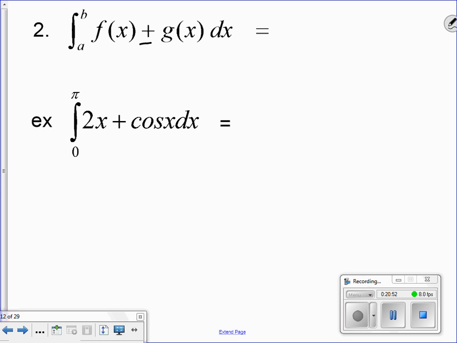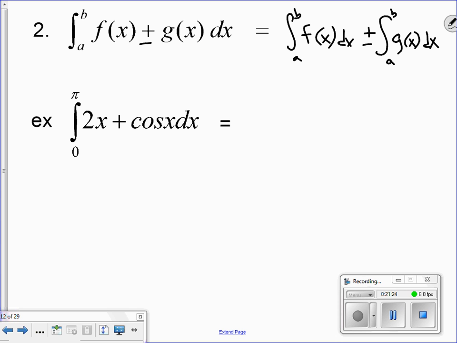So what you're allowed to do is take the definite integral of f of x with respect to x from a to b, and then add or subtract the definite integral from a to b of g of x. Now, I'm not saying you're ever going to want to do that, but you can. It's a property. You're allowed to do it. Only with addition and subtraction. Don't even think about it with multiplication or division.